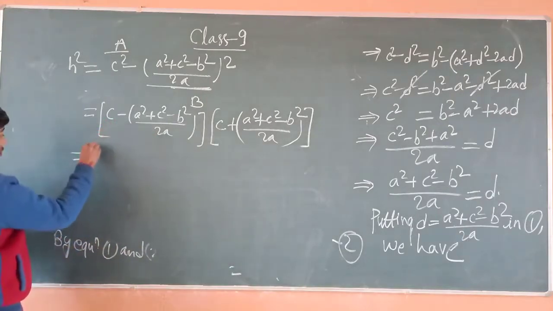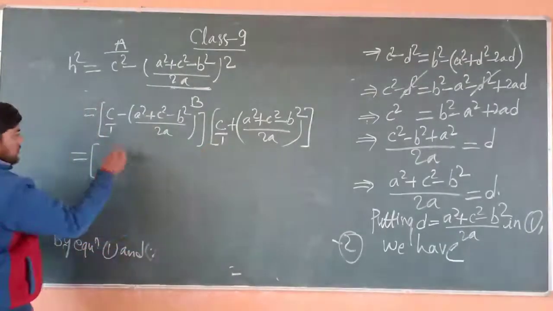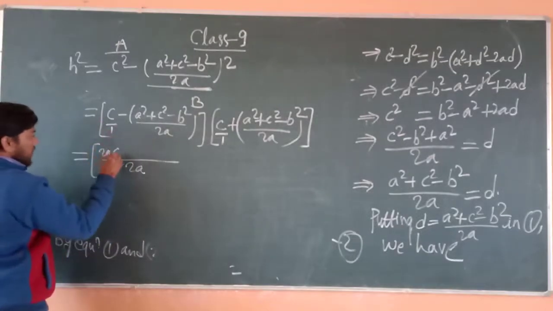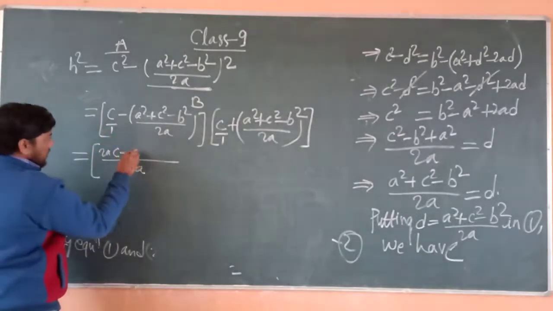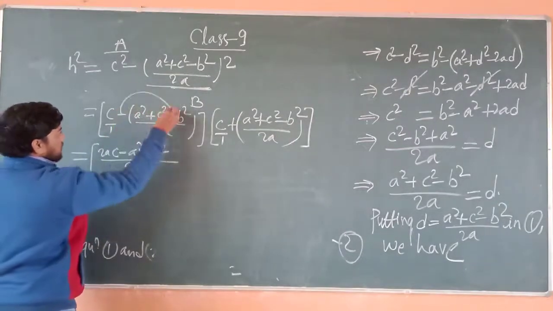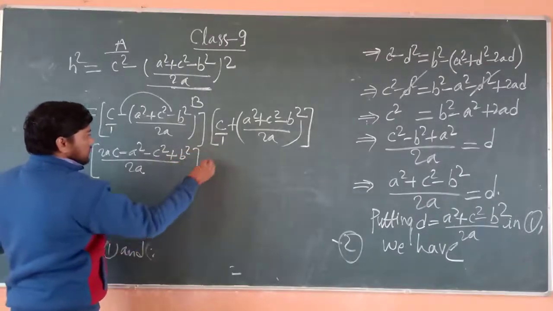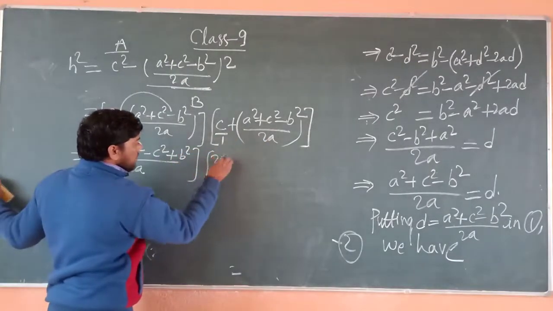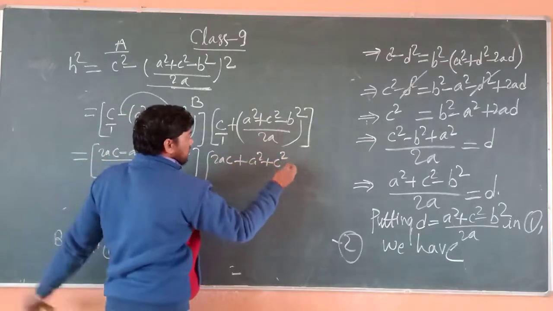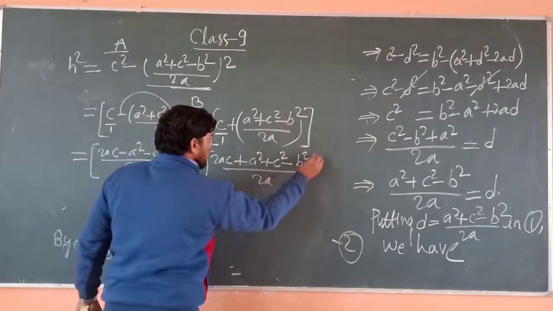Then take LCM 2A, then 2AC minus A square minus C square plus B square, then 2AC plus A square plus C square minus B square upon 2A.